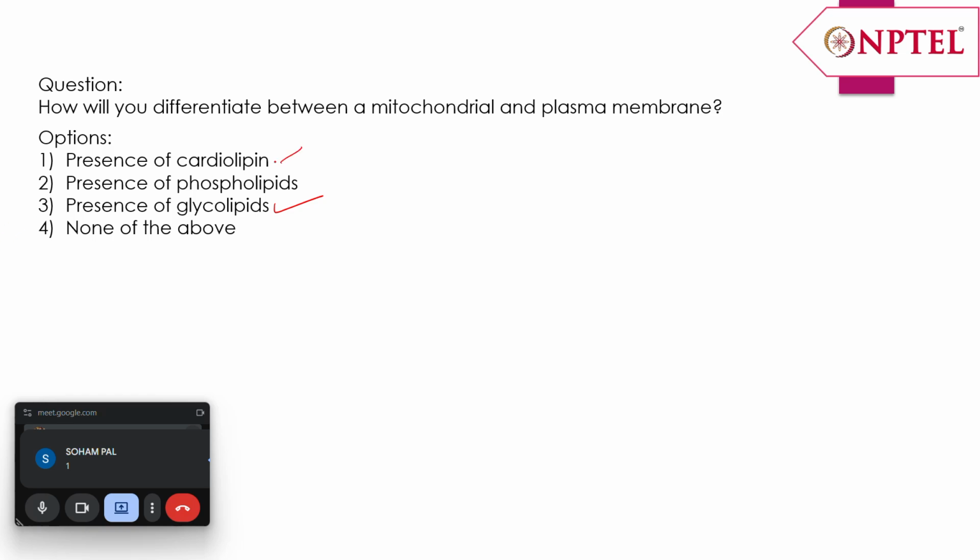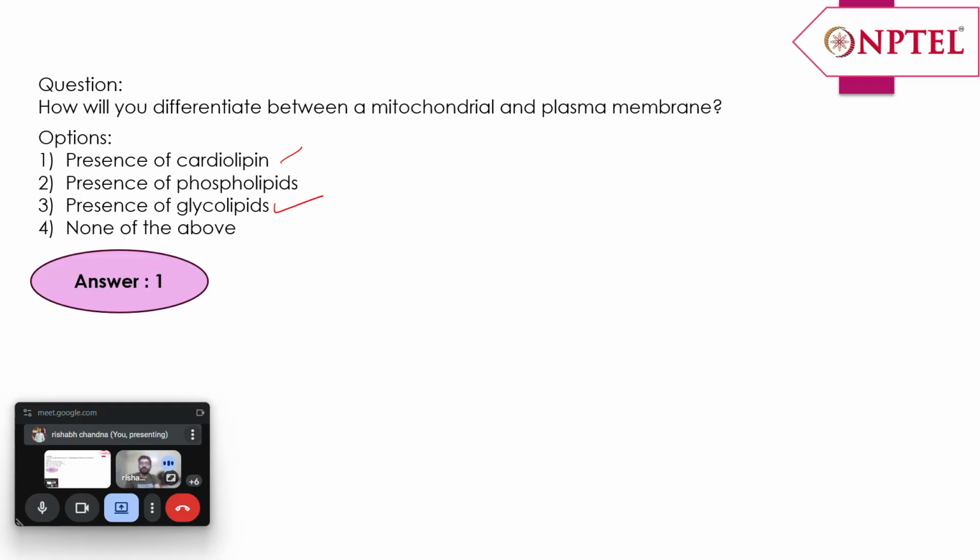Okay, any more answers? Okay, so the correct answer is option one. So in the mitochondrial membrane, we have a specialized lipid called cardiolipin.